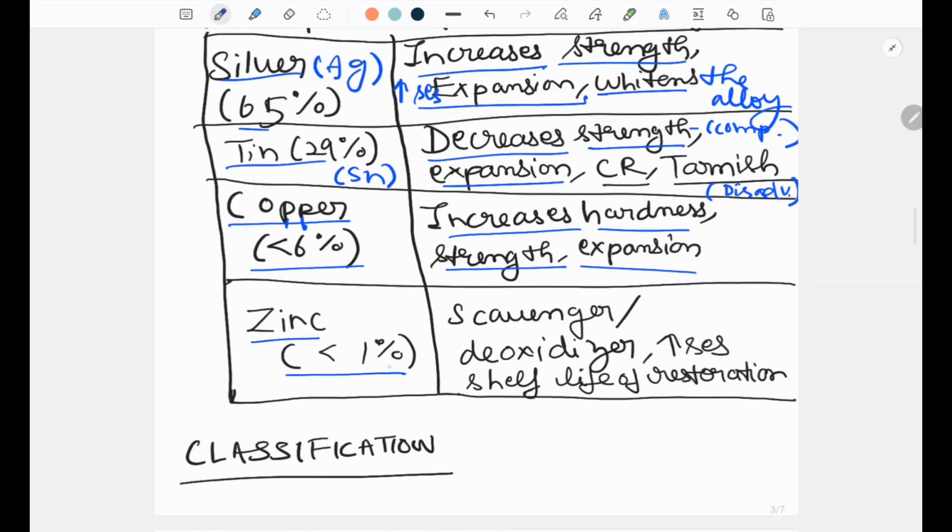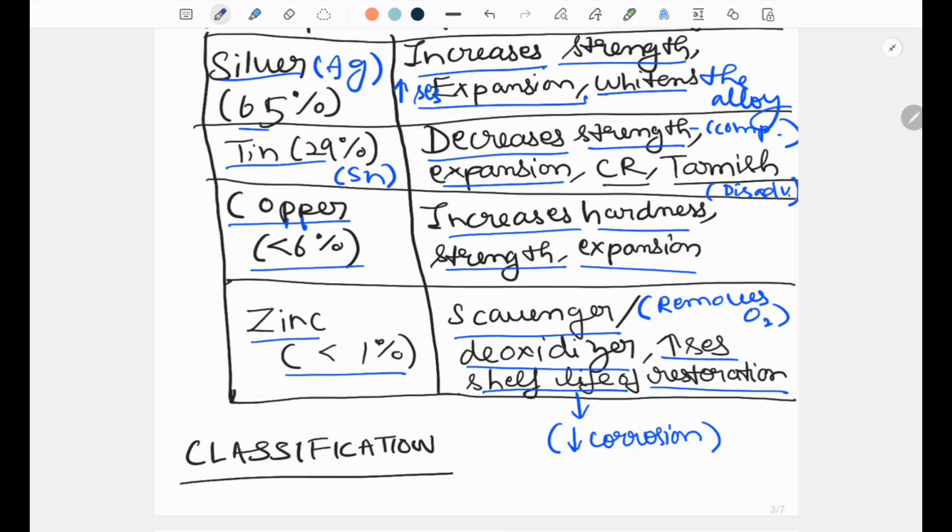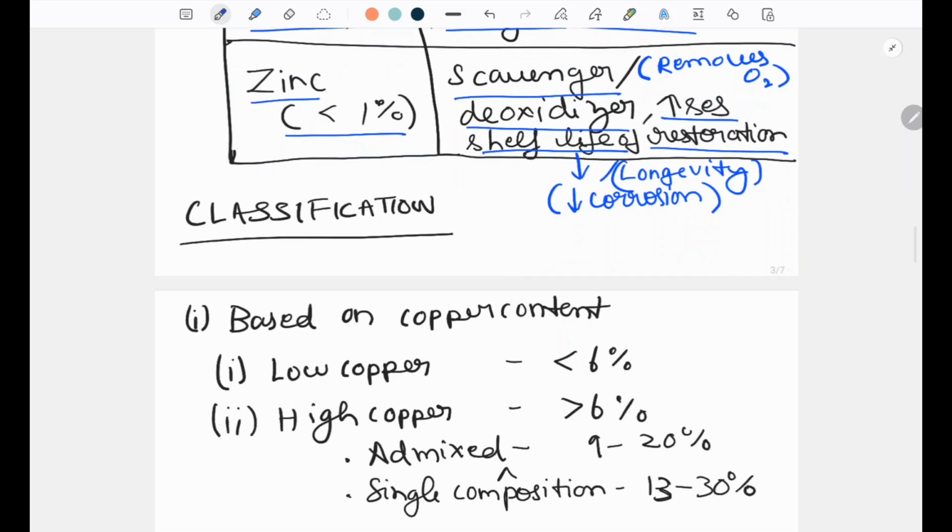Zinc less than 1 percentage acts as a scavenger deoxidizer, that is, something which removes oxygen. Whenever oxygen is removed, there is a chance of less corrosion, and it also increases the shelf life, or longevity, of the restoration. Okay, now let's come to the classification of amalgam.